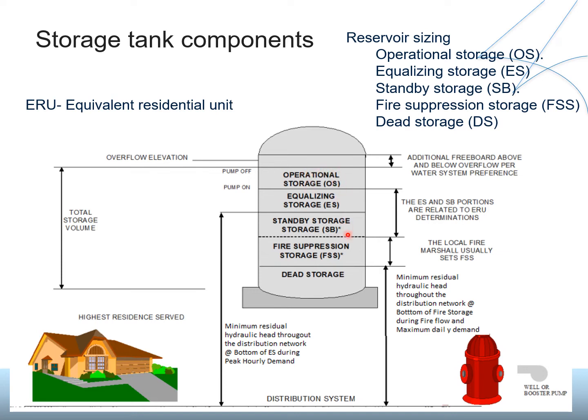So a combination of all these gives us the total storage volume required. We just calculate what is the operational storage required, what is the equalizing storage, what is the storage for standby, fire requirement, and finally dead storage, and we sum them up to get the total storage volume.